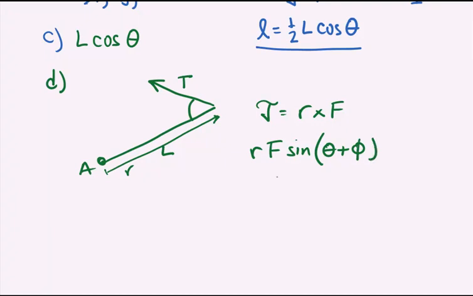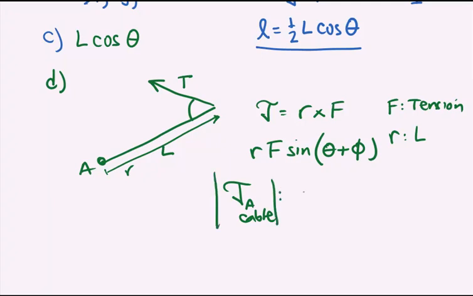Our force in this case is T, the tension, and the radius is our length L. So it looks like our torque about A from the cable, at least the magnitude of that, will be tension times L times the sine of those two angles together. The closer they get to 90 degrees, the more efficient it is.